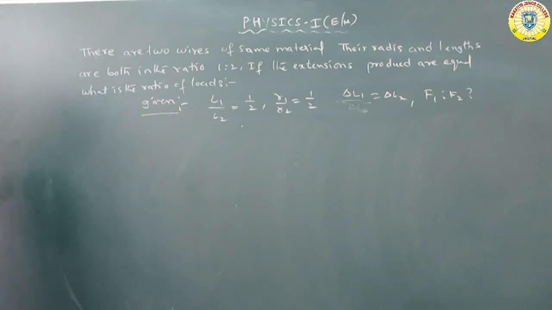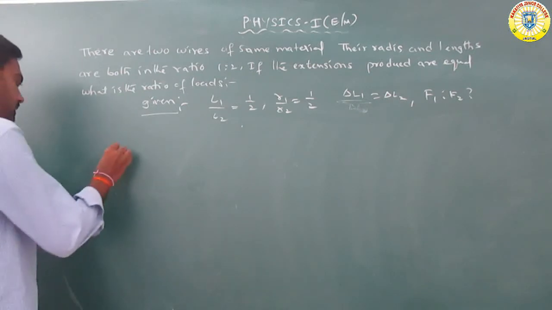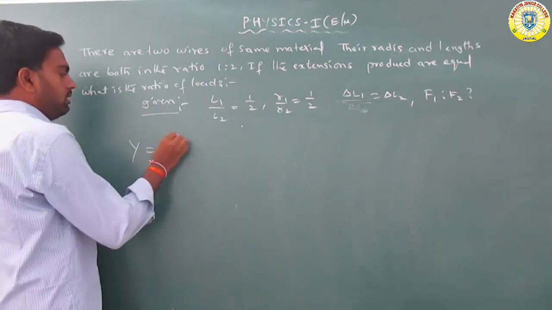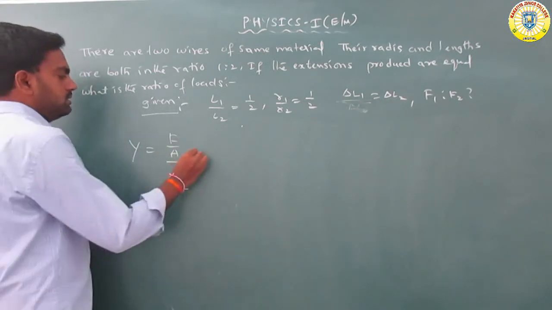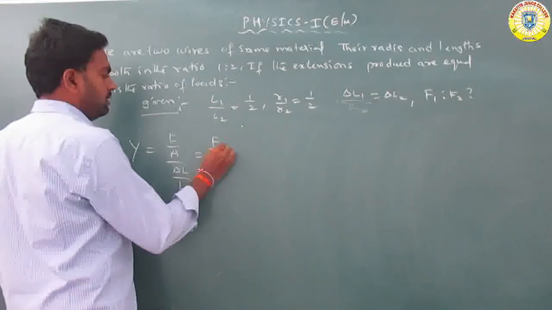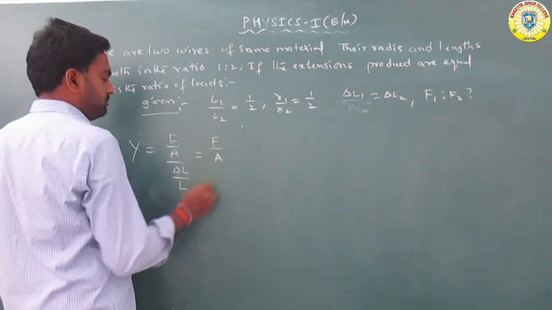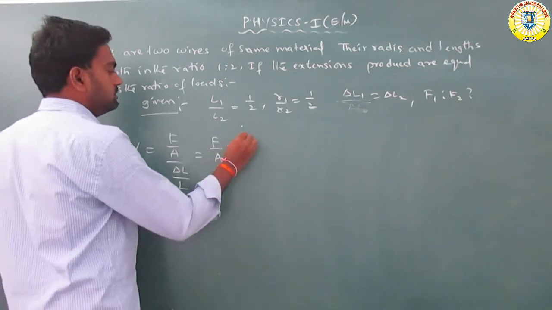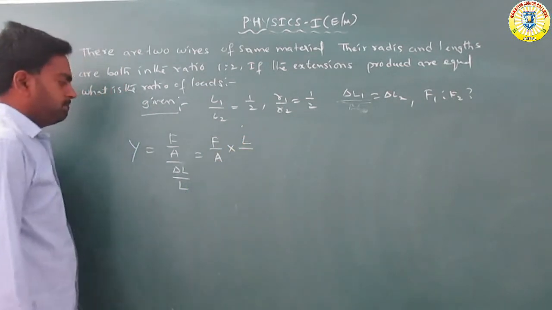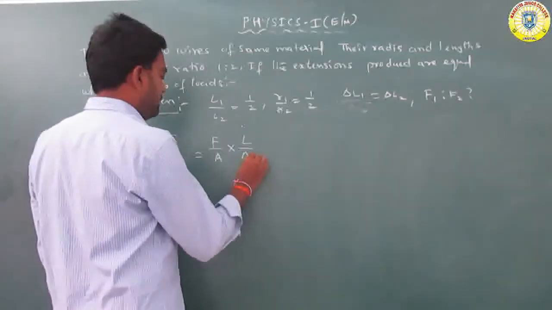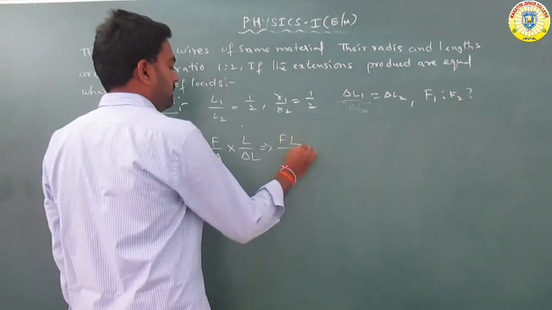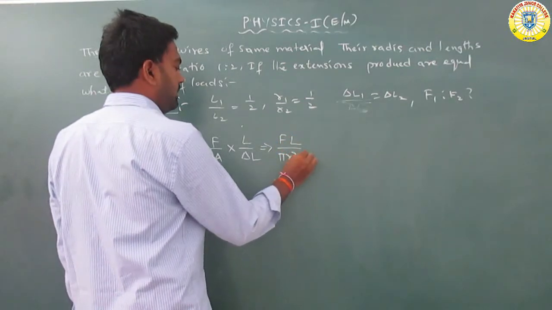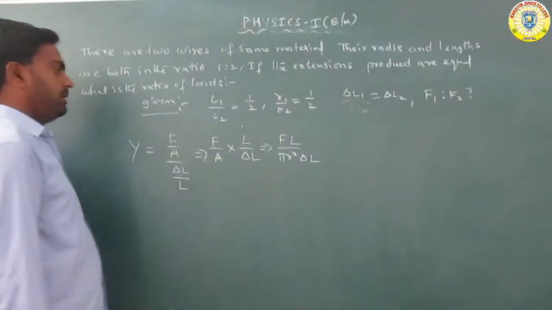Right. So the next one. According to the Young's modulus equation, Y is equal to F by A divided by delta L by L, we can write. So F by A, delta L by L, so L by delta L, we can write. So F L by A, where A is pi r square, delta L. Okay, got it.